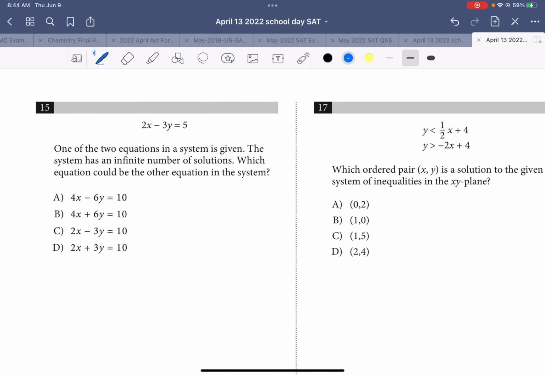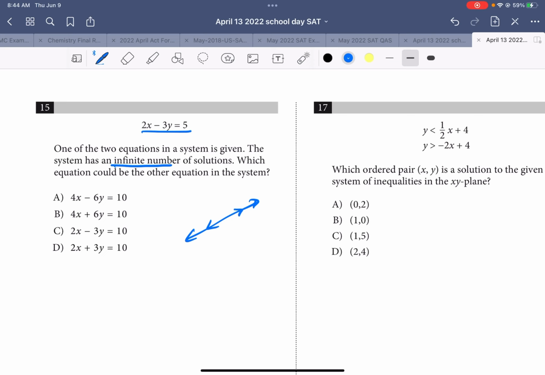Okay. Now, number 15. One of the 2 equations in a system is given. So only this is one of them. The system has an infinite number of solutions. Which equation could be the other equation? For a system of equations to have an infinite number of solutions, the 2 equations should be identical, so that the 2 lines overlap.